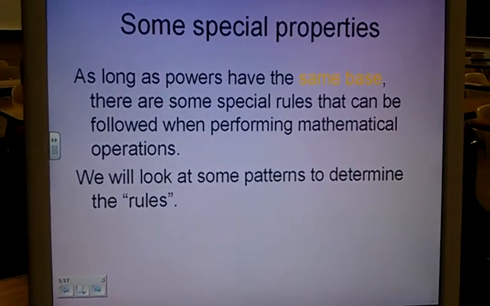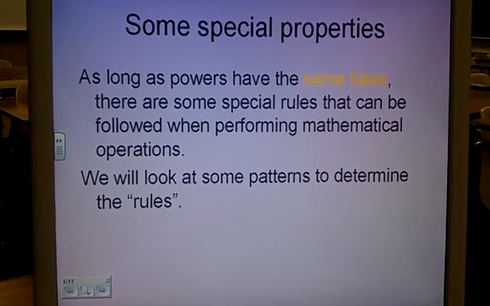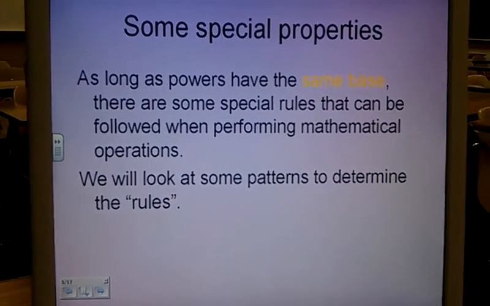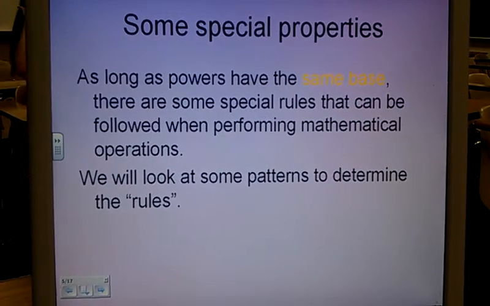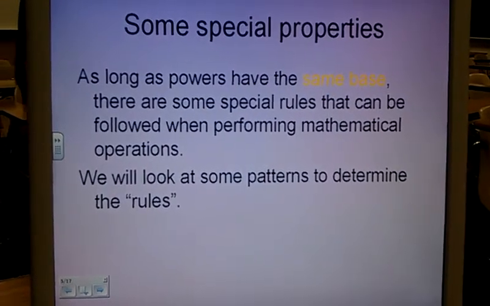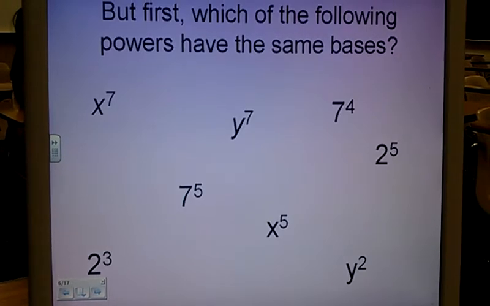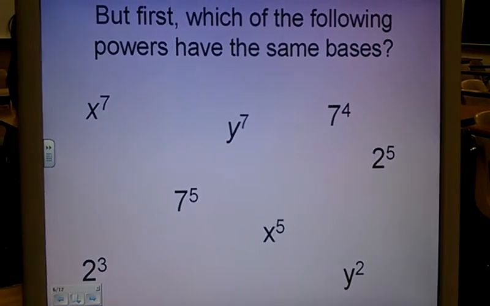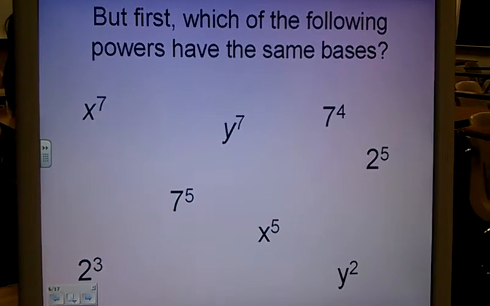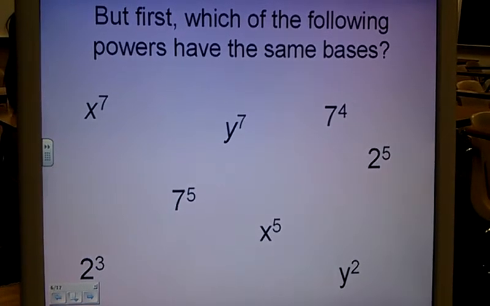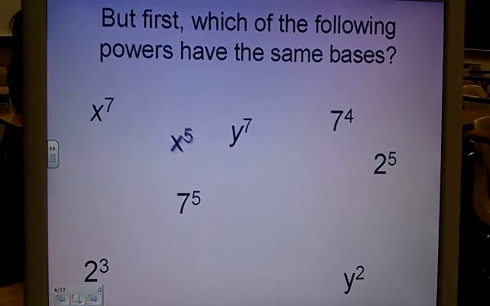There are some special properties with exponents. As long as the powers have the same base, there are special rules that can be followed when performing mathematical operations. So we're going to look at some patterns to determine the rules. But first, which of the powers have the same bases? As you see, they'll start moving.